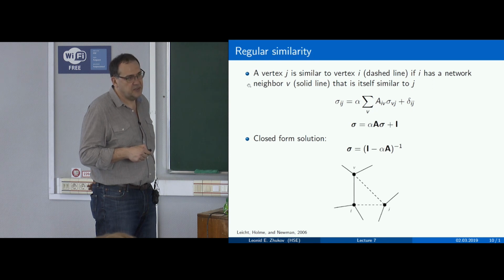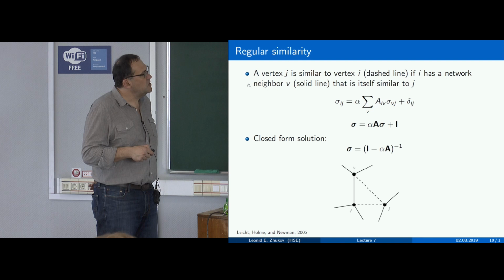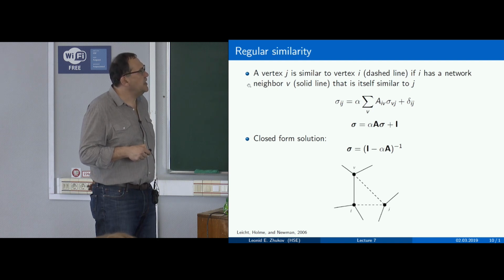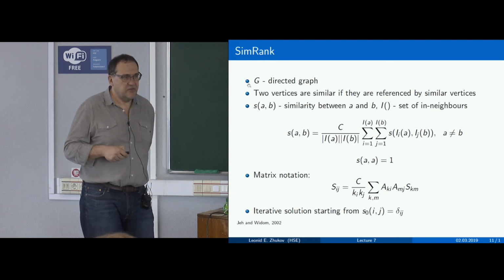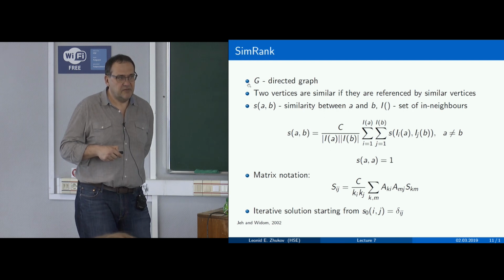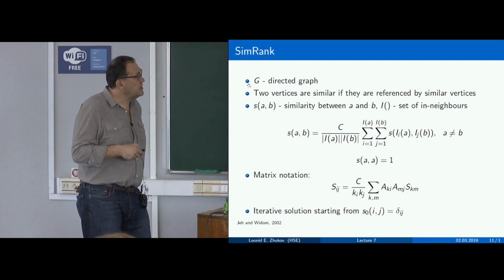You can just take this matrix, invert it, or solve the linear equation and get this type of similarity between all the pairs of the nodes in the graph. In the previous situation, you actually need to do recursive computations and hope it converges.